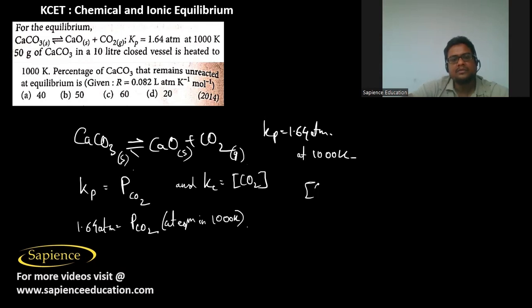now concentration of CO2 will be equal to the number of moles, that is 50 gram divided by the molar mass of CaCO3: calcium is 40, carbon is 12, oxygen is 48. So 48 plus 12 is 60, 60 plus 40 is 100. So 50 by 100 moles divided by 10 liter.